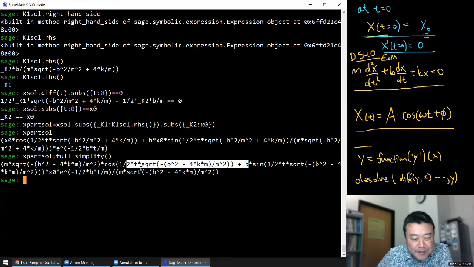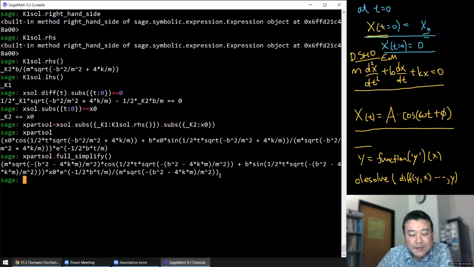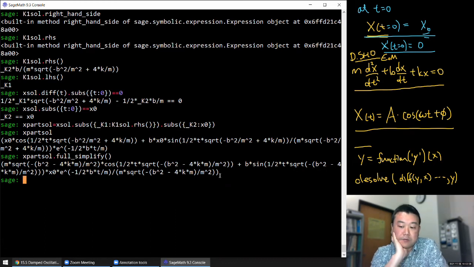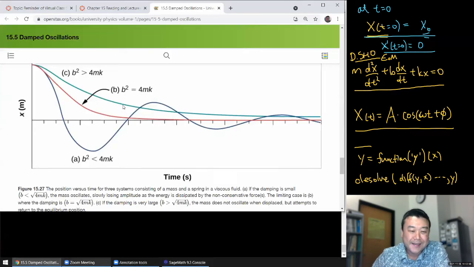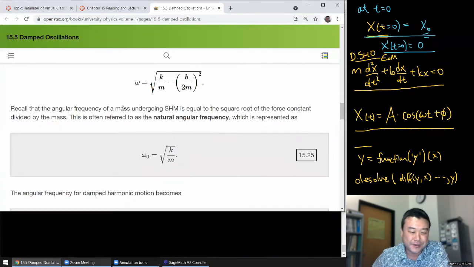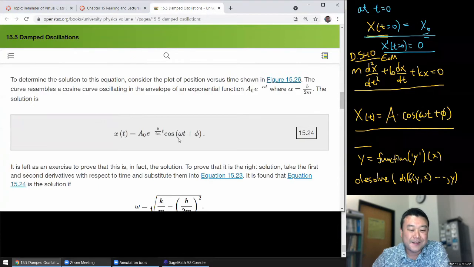This is one of those cases where sometimes the computer algebra system doesn't give you a very intuitive looking answer. It's something that you just have to deal with. This is really one of the reasons you might want to know how to do a calculation like this by hand, because when you're doing it by hand, you can get a more human readable solution like what's in the textbook. But let me just continue with this.